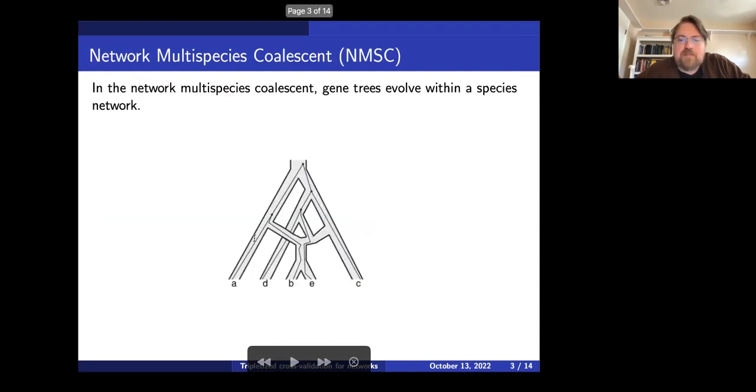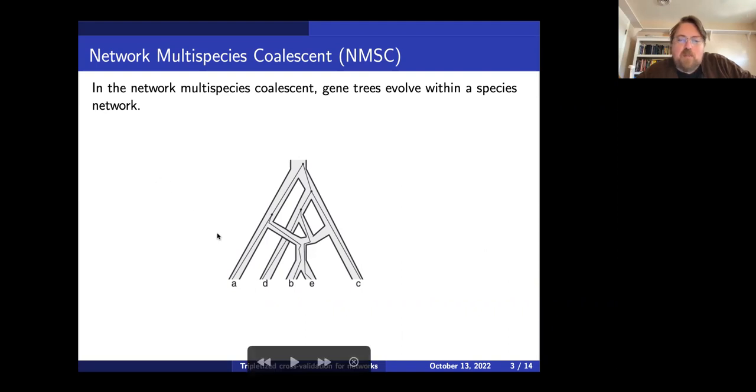Okay. All right, so here's an example of a network and a gene tree evolving within the network. So the usual assumption here is that the network features are at the species level and gene trees are trees within the network. So the gene trees are completely tree-like.